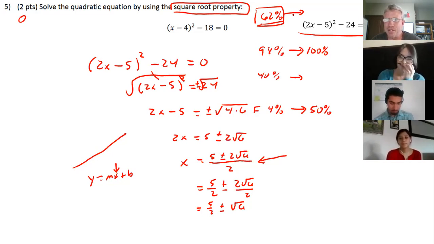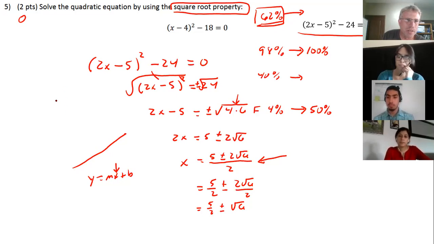The thing people couldn't do was handle fractions, and that was across the board, which is not a good sign in a pre-calc class, because in calc we just have to be able to deal with fractions. In fact, in calculus, we don't get to use radical signs anymore. So things like the square root of x, we don't get to do that.